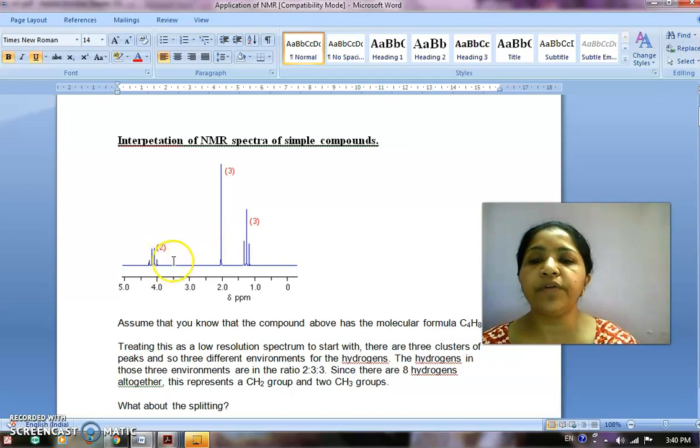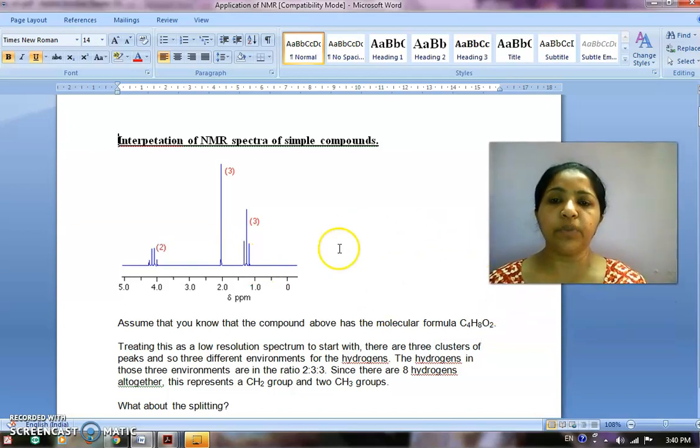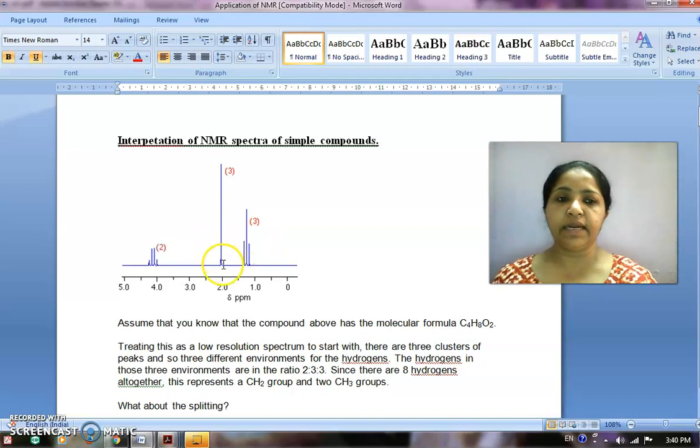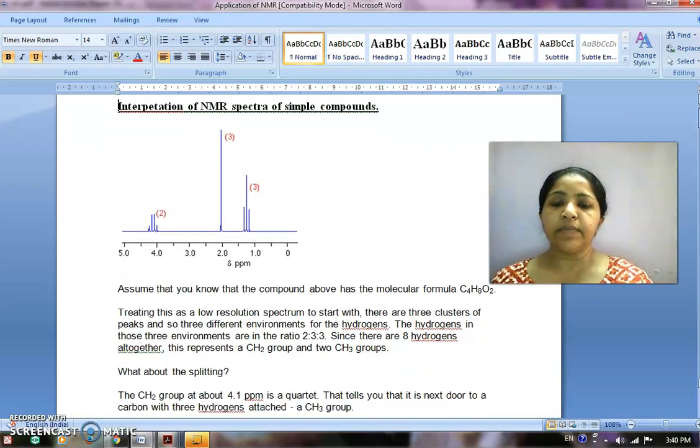Now a quadruplet will tell us that it has an environment of 3 hydrogens. A triplet will tell us it has an environment of 2 protons, and a singlet will tell us that there is no such environment. So from here, the next information that we get is the height of these peaks. Here this is the height of the peak, meaning there are 3.